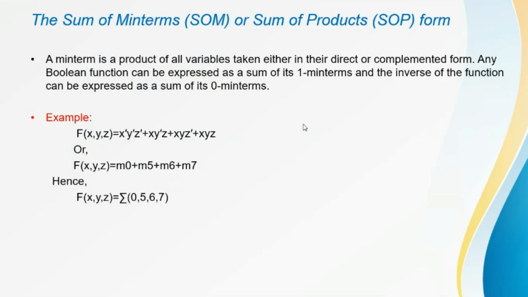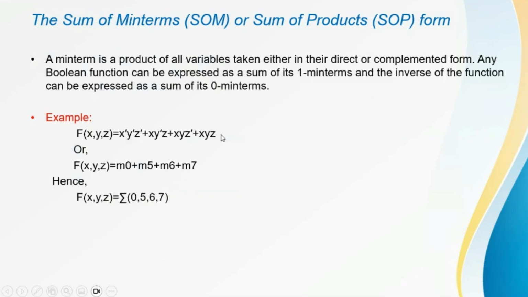And the inverse of the function can be expressed as a sum of its 0 min terms. So for example, here there is one example, we are denoting it as f of x, y, z. X, y, z are the variables. So x bar y bar z bar plus x y bar z plus x y z bar plus x y z.